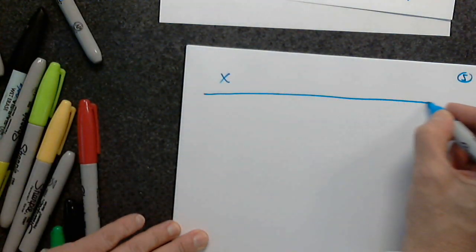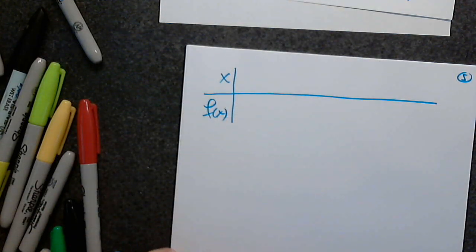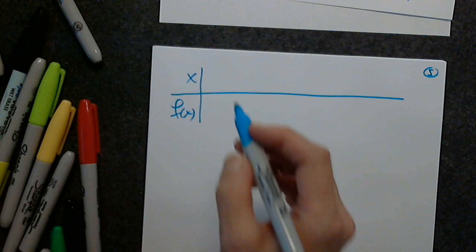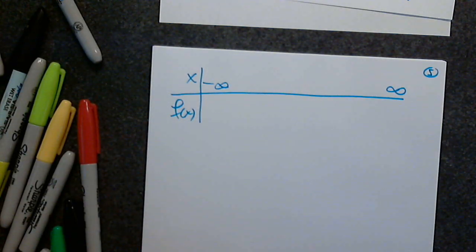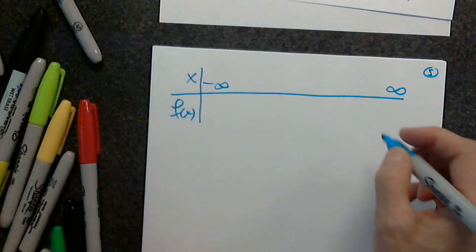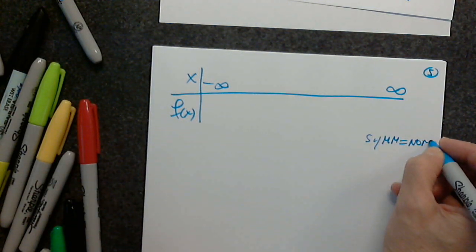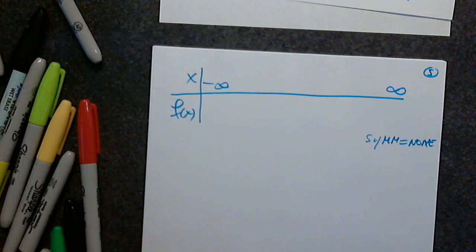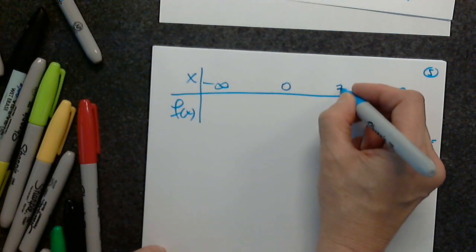And let's create a table. And here's our table. Like we did with piecewise defined functions, like everything, we need to show the work. So the domain, as you told me, negative infinity to infinity. I'm going to write on the side symmetry, none. That's the only thing that does not fit in the table. I will have 0 and 3.